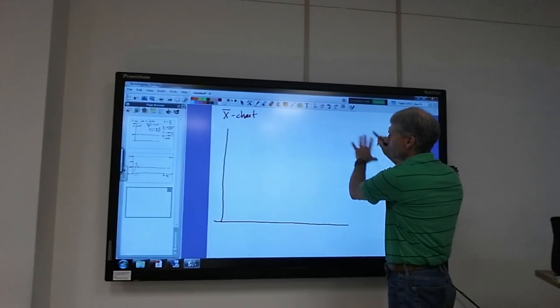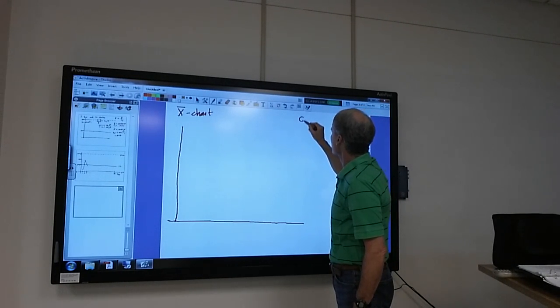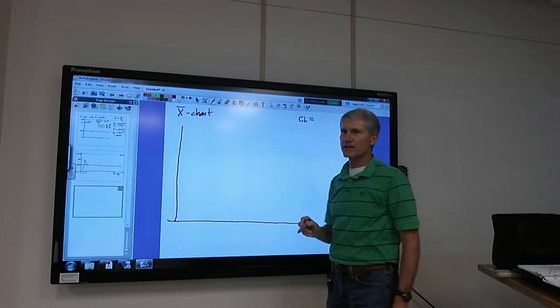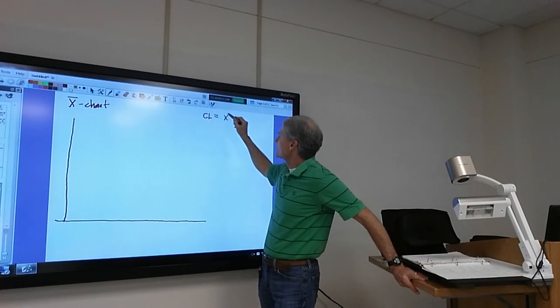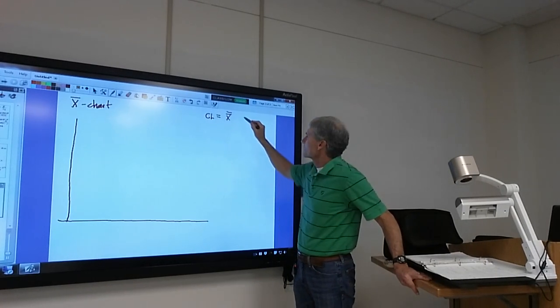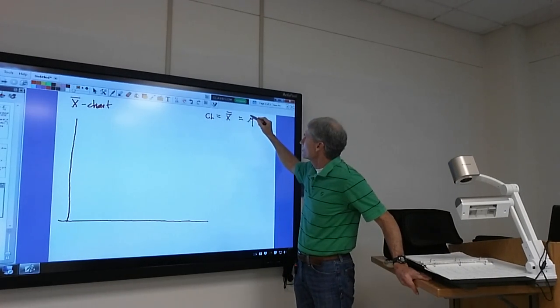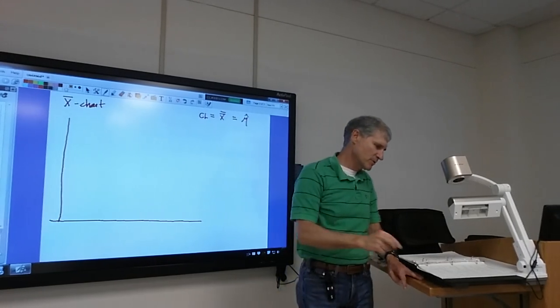I'm trying to save room over here to do all the calculations. Look back in your notes. Where's the center line of the X bar chart? X bar bar, which is our best estimate of mu. So that's also often written as mu hat. Right? So it's an estimate of mu.